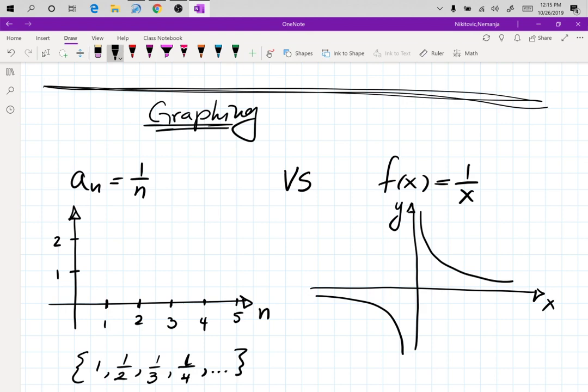Great. So the first one gives you 1, because when you plug in 1, 1 divided by 1 is 1. It's just a dot at 1. Then the next one is 1/2, and the next one is 1/3, and the next one is 1/4, and the next one is the fifth.